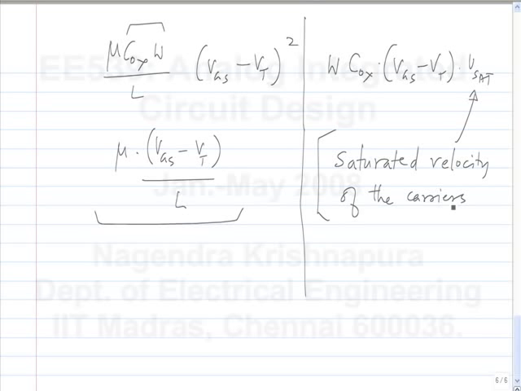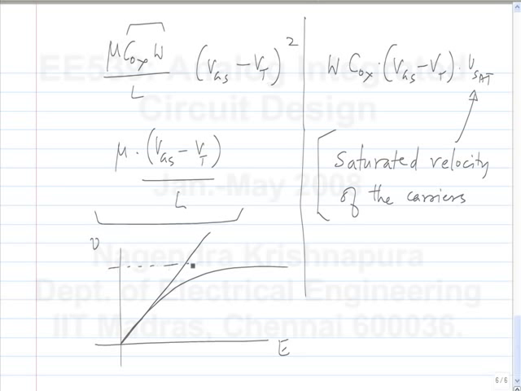I mean, in reality, it's not like there is some abrupt transition between velocity saturation and linear region. So if you plot the velocity of the carrier versus the electric field, it does also show some linear dependence initially, but after a while it will do something like this. Okay. So the MOSFET, as you reduce the length of the channel, depending on, this also depends on the bias, right?